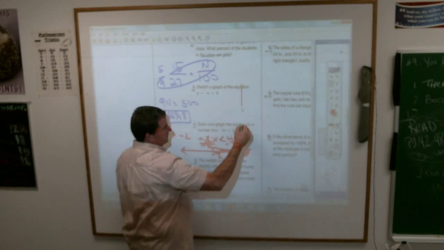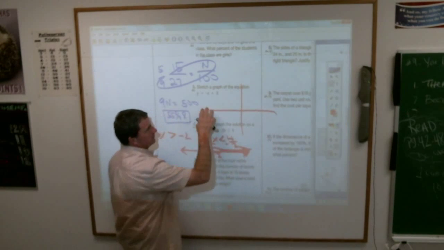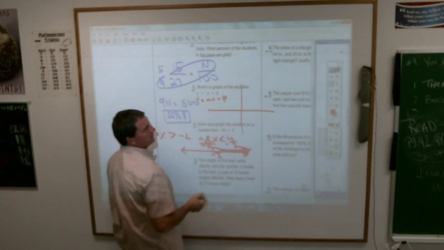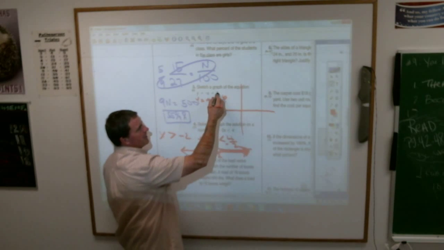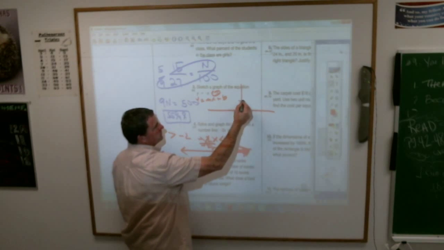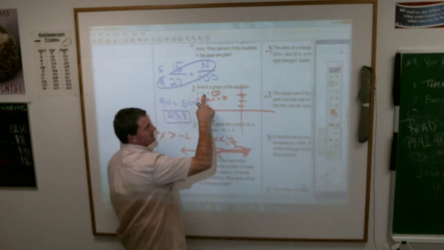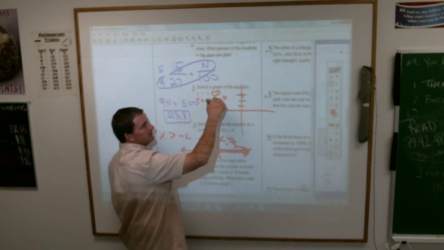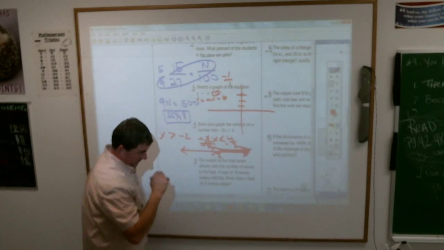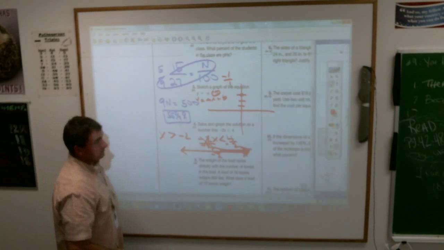Sketching the graph of this. y equals mx plus b. Did I do this for you already? Yeah. It crosses the y-axis at +3. That's what the b is. 1, 2, 3. It has a slope of negative 1, or negative 1 over 1, because slope is better in fraction form.